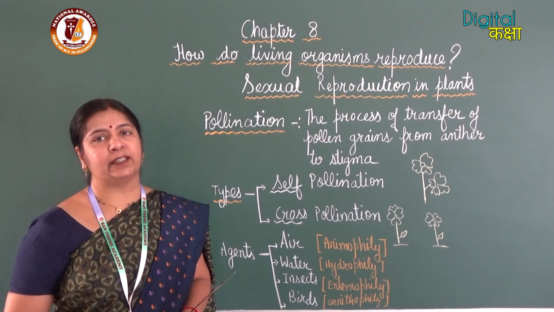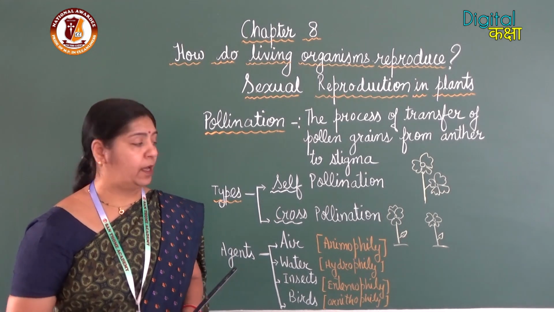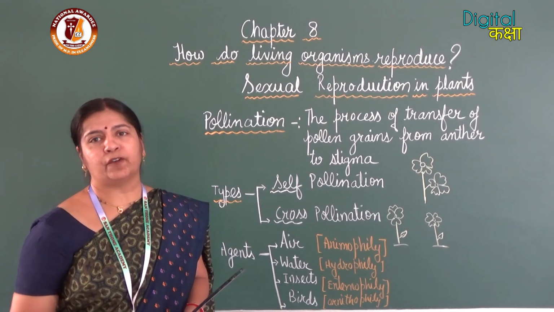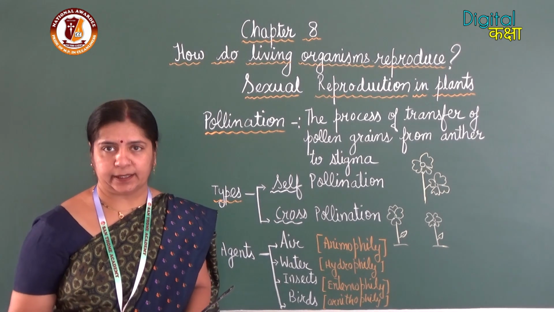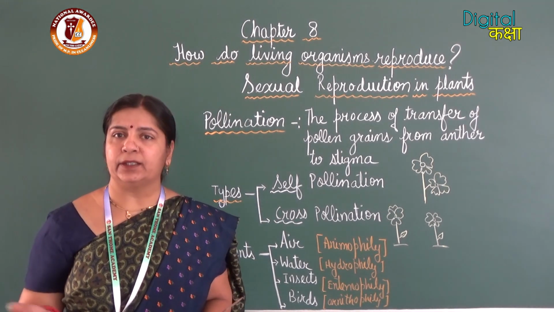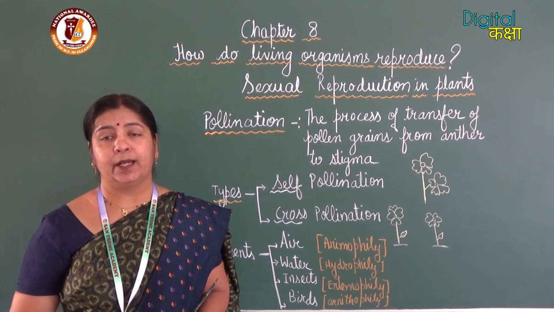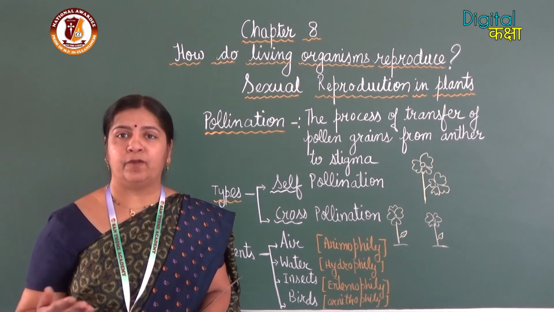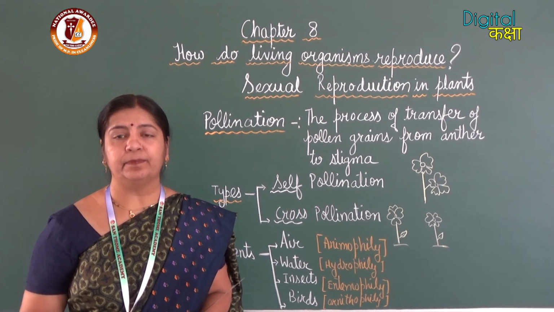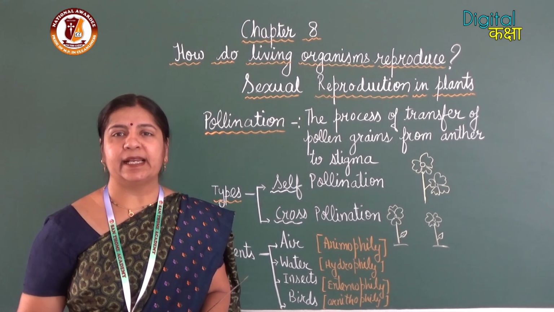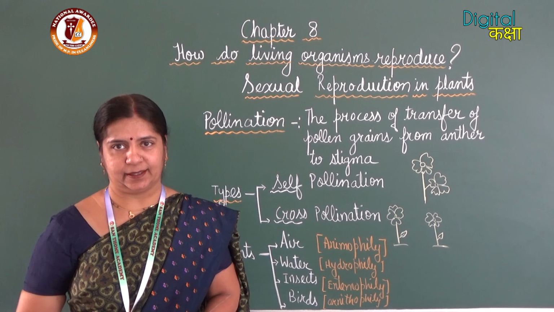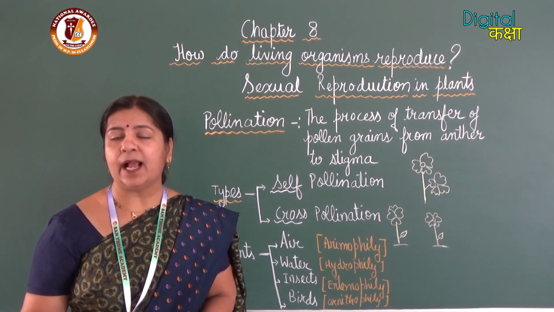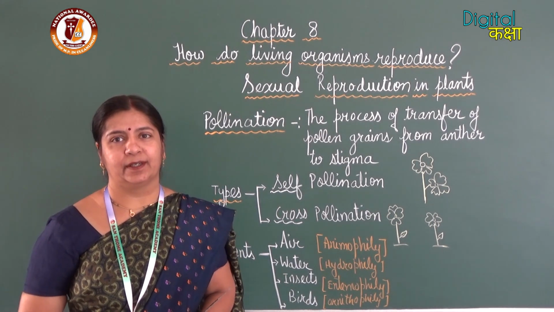Now, how does this transfer take place? There are agents of pollination which help in transferring pollen grains from anther to stigma. These agents are wind, that is air, water, insects, birds, animals and human beings. Yes, we also help in pollination.